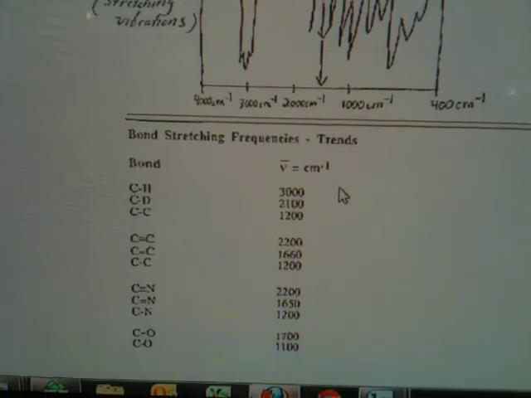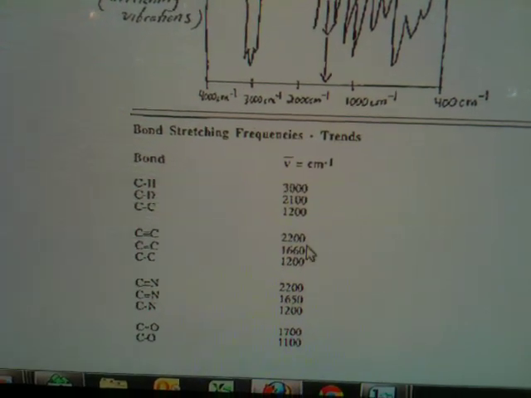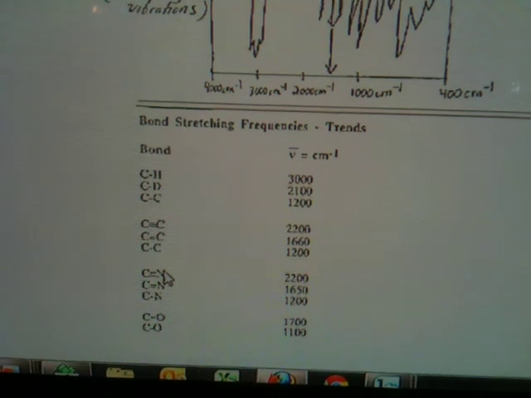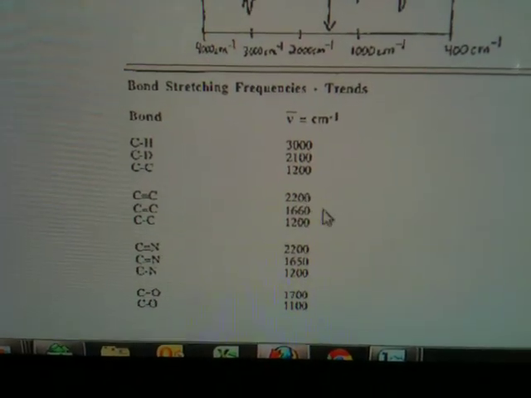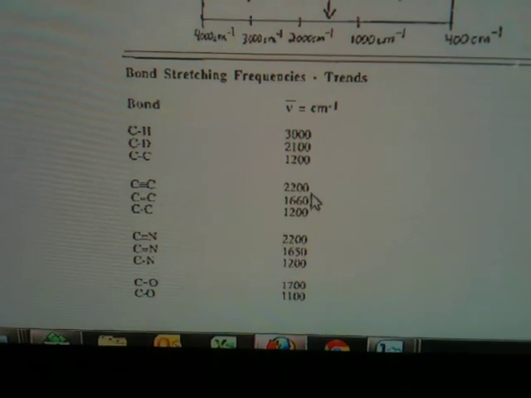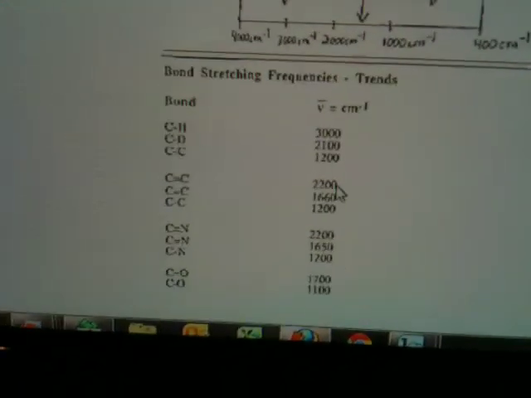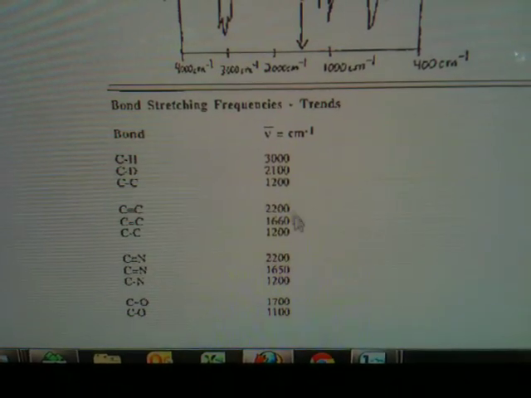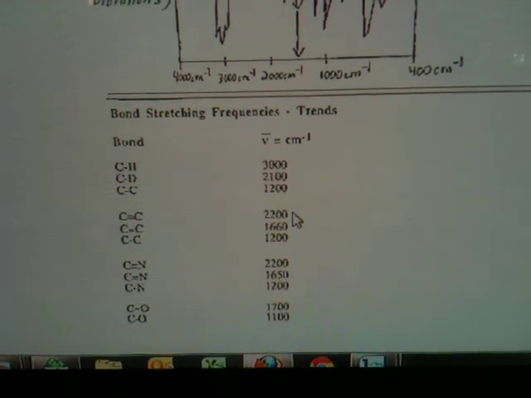And realize it is not a permanent change. What happens when you go from triple to double to single bond? You go from 2200 to 1660 to 1200. These are just approximate values, but it's showing how when the bond strength increases, all other things being equal, the frequency of absorption increases.